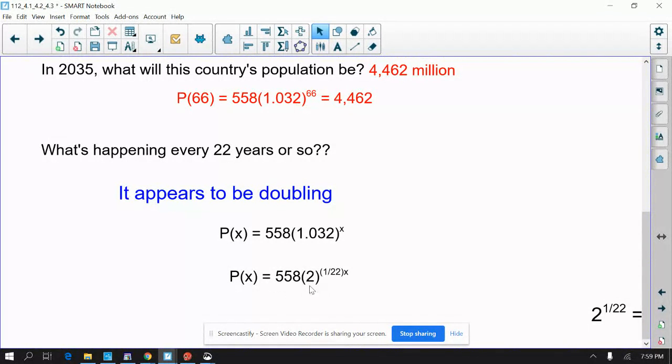In other words, I would be doubling it. So notice that 2 raised to the 1 over 22 is 1.032. This number, if it's hard to see in the beginning, really means doubling, but taking 22 years to double.